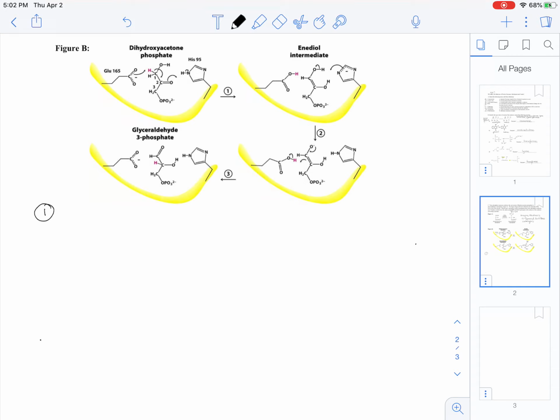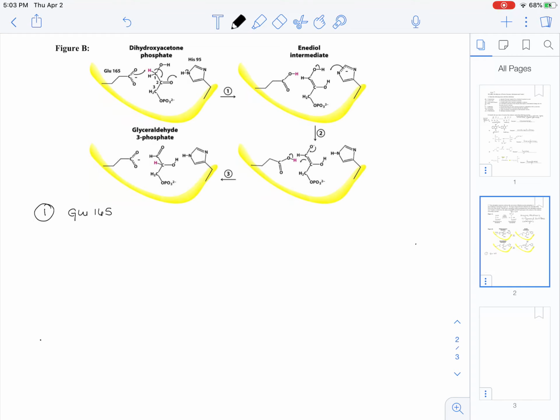Instead of illustrating things with arrows, as is typically done in organic chemistry, we are describing in words the arrows that we see present in figure B. Looking at figure B, you can see that glutamic acid 165 is first getting a proton from our substrate.